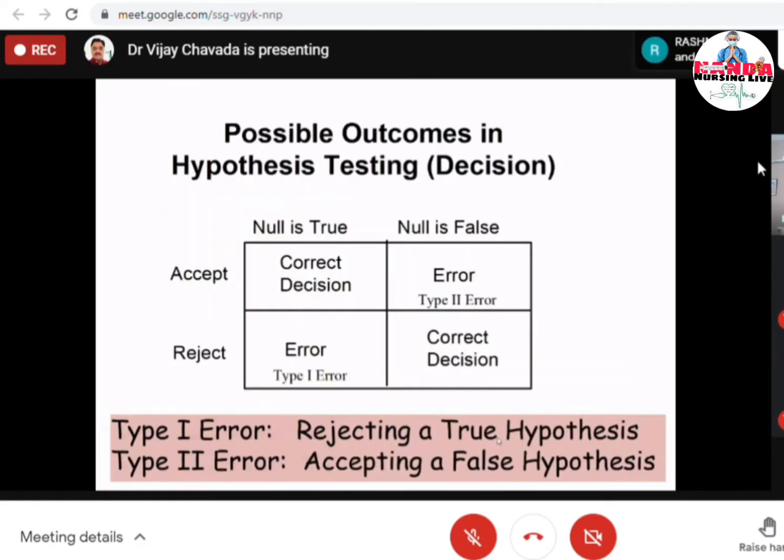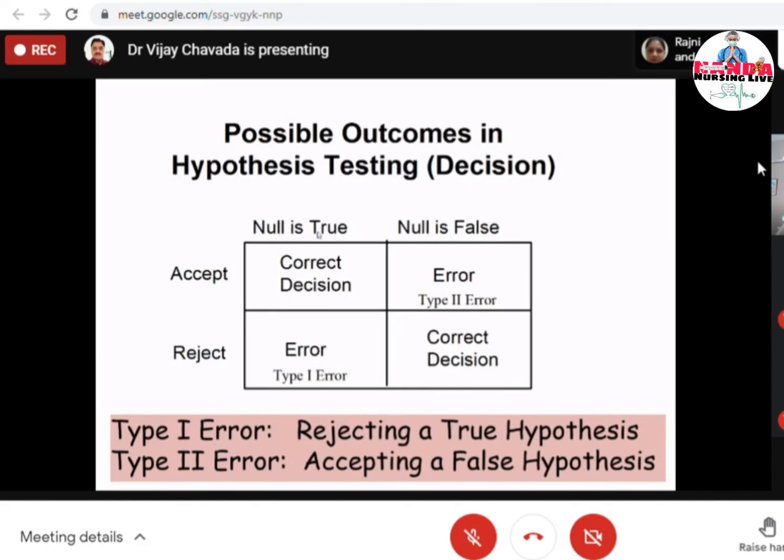Now, the possible outcomes in hypothesis testing, that is, the decision tree. When the null is true, we should get it accordingly, and then we accept the null.